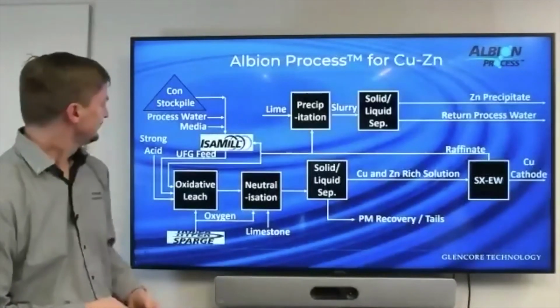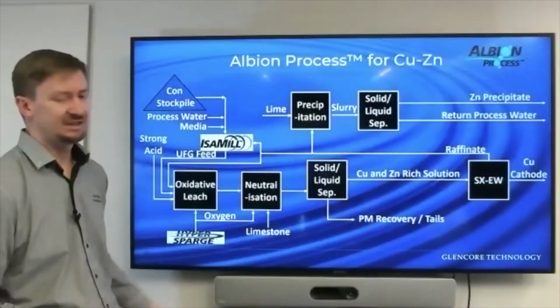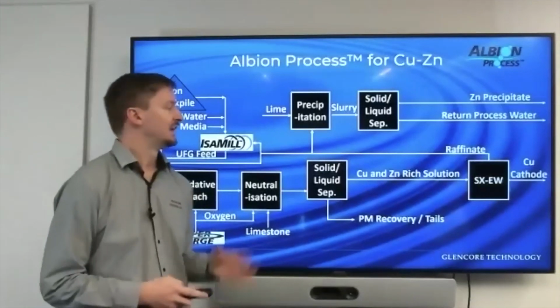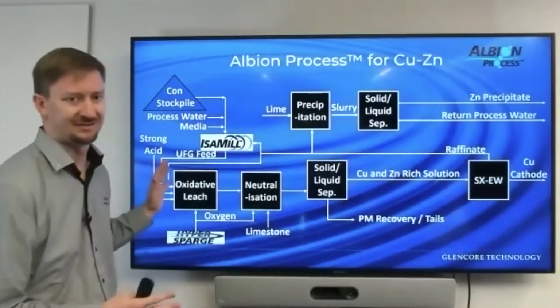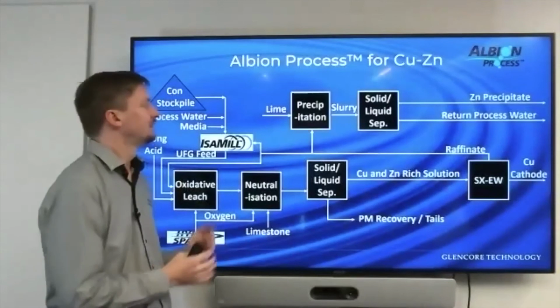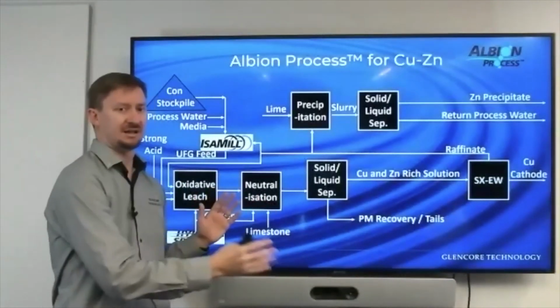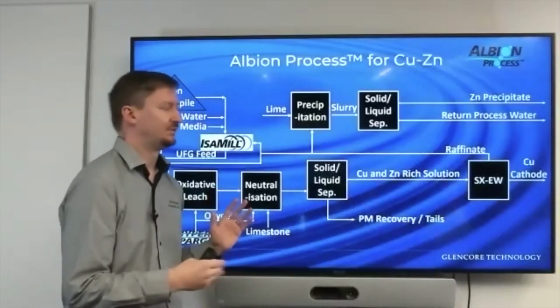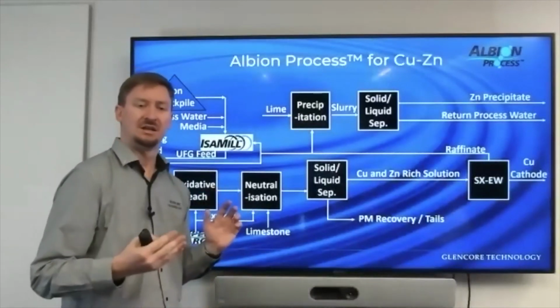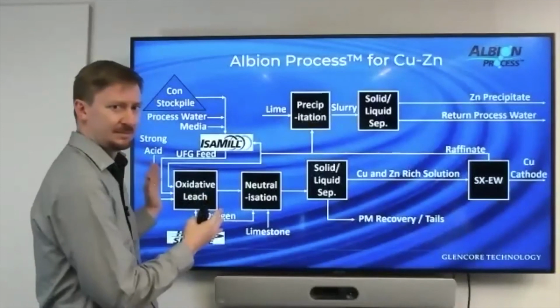Again, I'm going backwards. So copper zinc, very standard flow sheet here. Again, you'll see the front half stays exactly the same. And this is a big advantage of Albion. We can keep that same front and change the back if you change feeds, if you change ore bodies. It keeps that modularity about it.